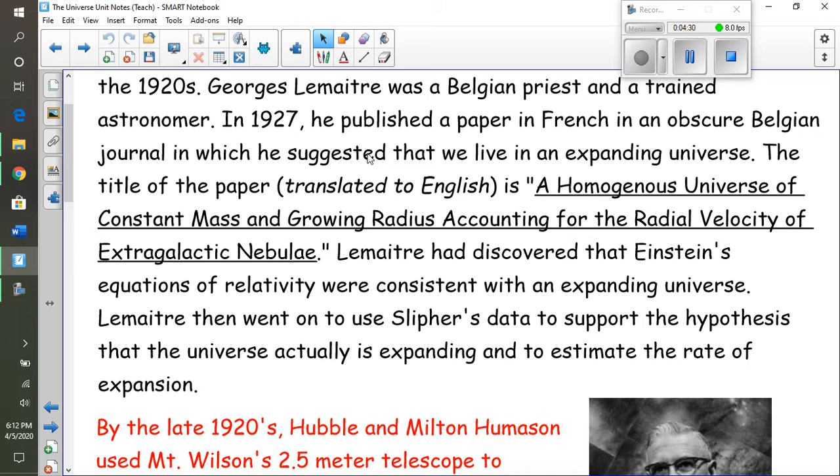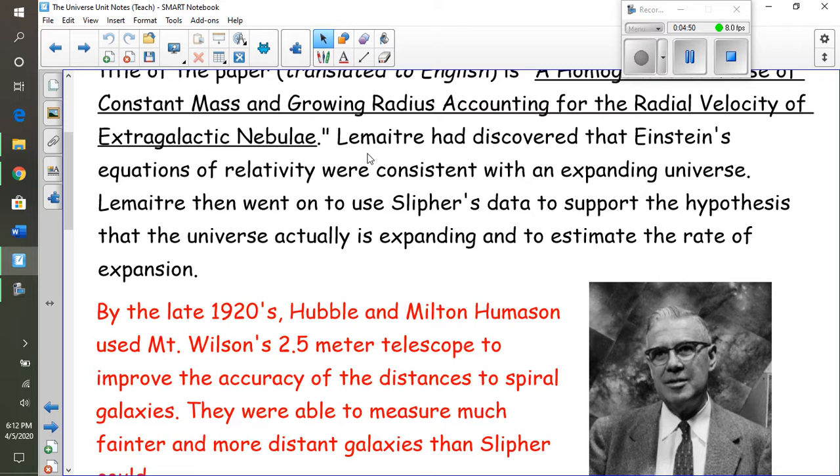Quite a lot there. And what this priest discovered was that Einstein's equations for relativity, which we discussed before, were consistent with an expanding universe. He then went on to use Slipher's data to support the hypothesis that the universe is actually expanding, and he was able to estimate a rate for that.